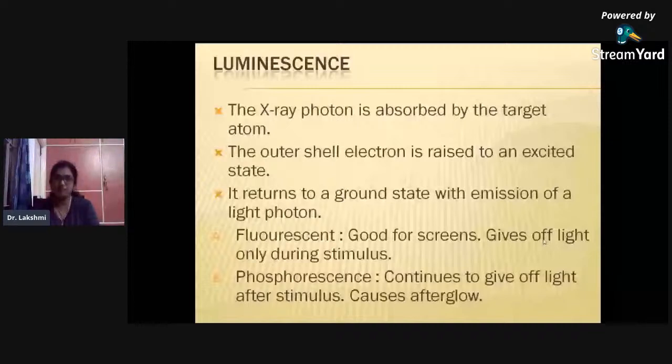When the X-rays or photons are hitting, then the stimulus is there, and then the light is given off. What is phosphorescence? It continues to give off light even after the stimulus is stopped. It causes afterglow of the screen, which is actually harmful for an intensifying screen, or not that positive for this.